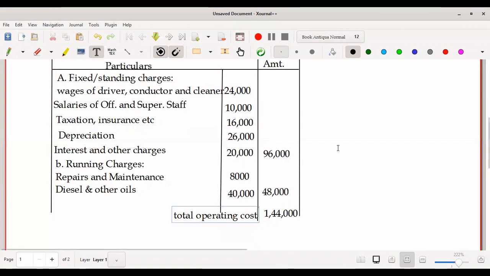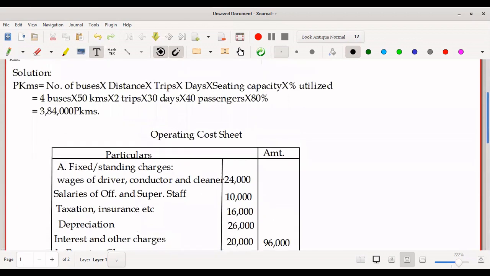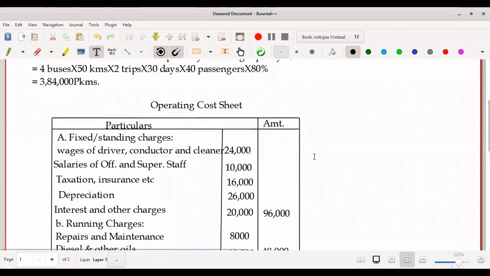So now we have to apply the formula and then calculate CPU.